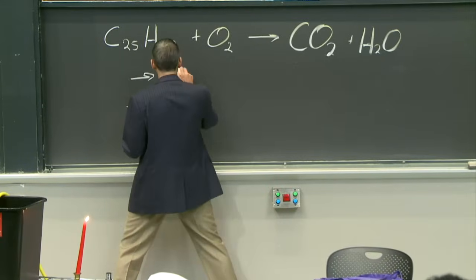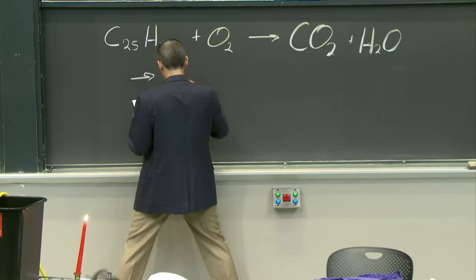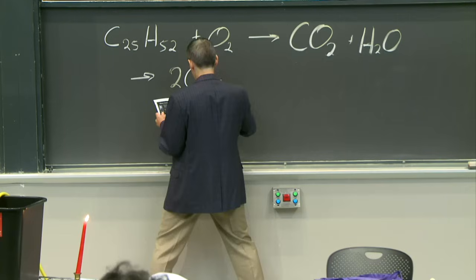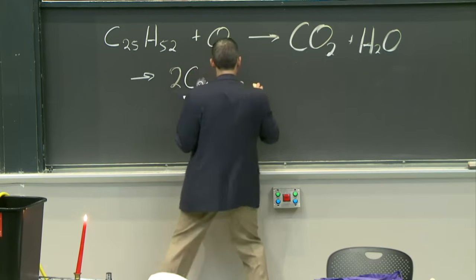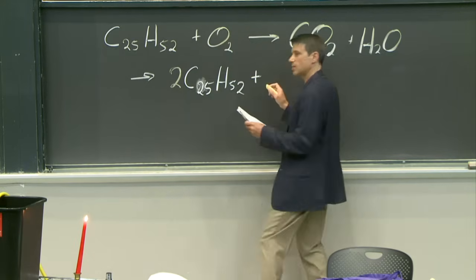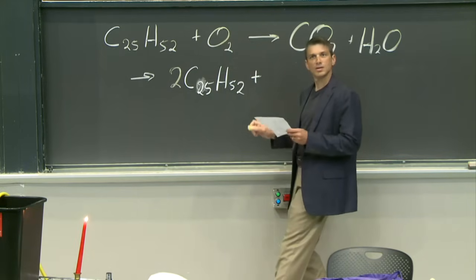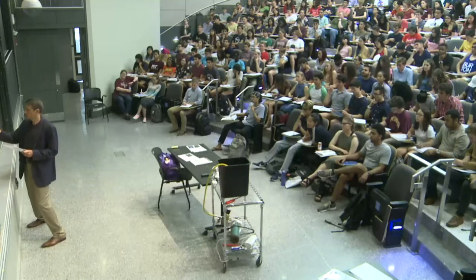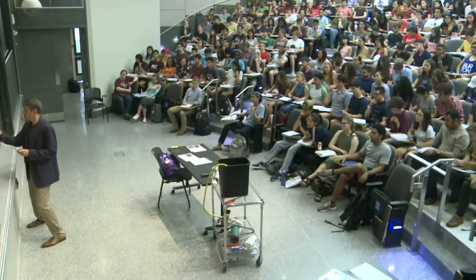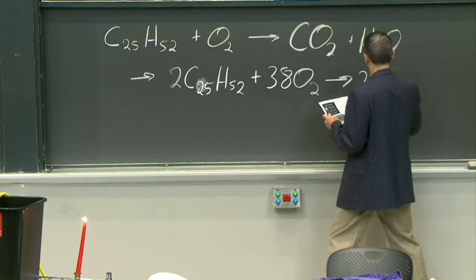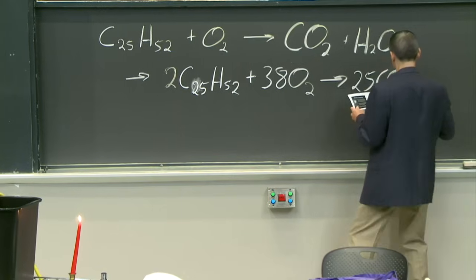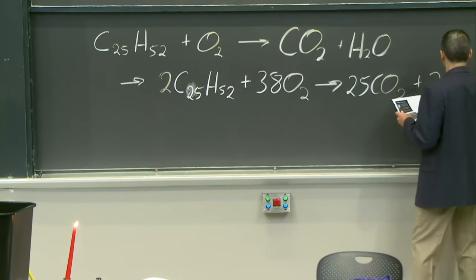And so if you balance this, you're going to put a 2, because here's the deal, and I'll talk about this more in a sec. C25H52 plus, anybody know how many O2s? 38, whoever said that, 38 is going to go to 25 CO2 plus 26 H2O.